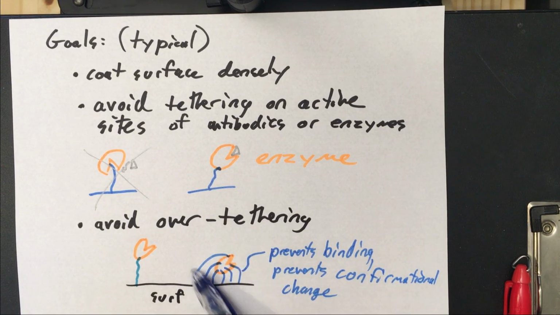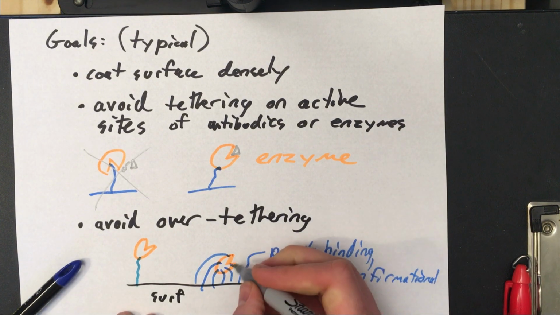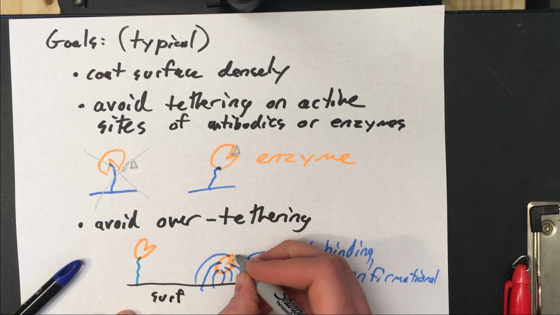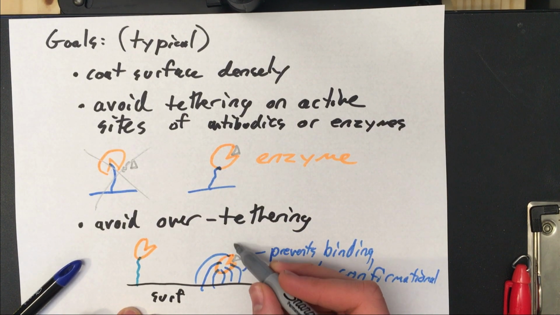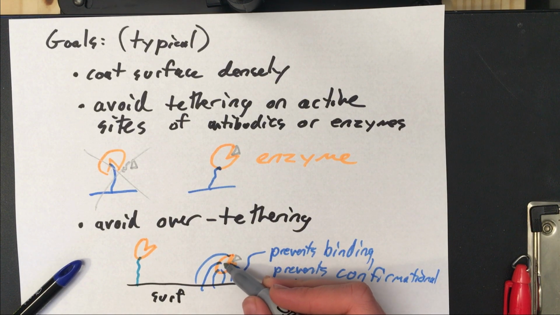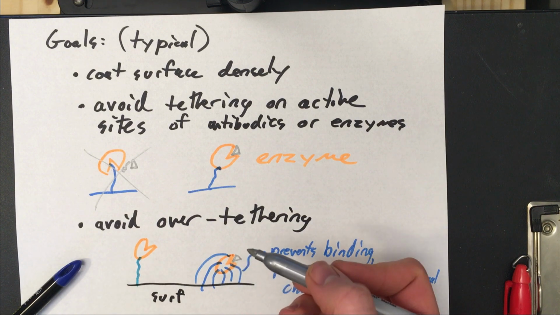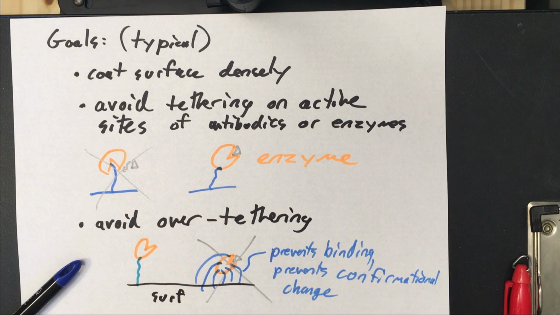So if I've over-tethered this protein to the surface, maybe I will have inhibited this analyte's ability to bind to the surface or bind to the active site of the protein, or I've inhibited the protein's ability to catalyze some reaction. So usually we want to avoid this as well.